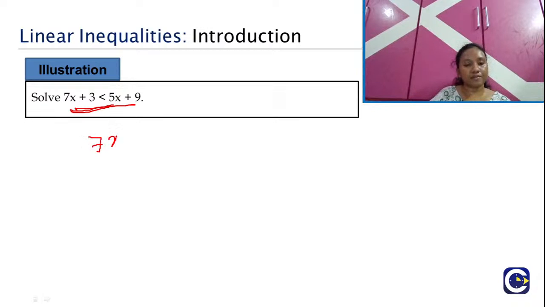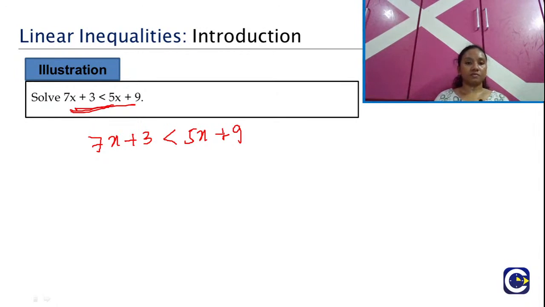A simple one, 7x plus 3 less than 5x plus 9. I'll be giving one more minute. So quickly let me know the answer.